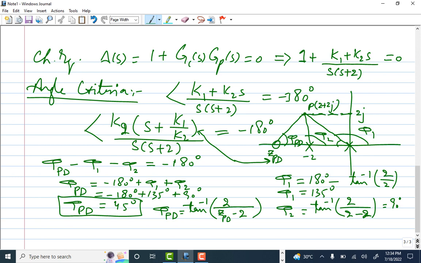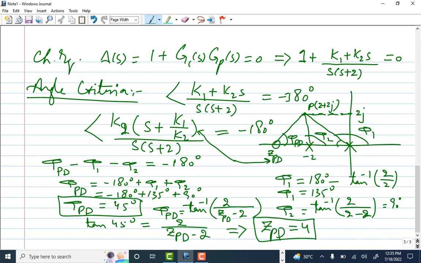Now phi PD is 45, so if we plug in the values, tan of 45 is equal to 2 divided by ZPD minus 2. Solving this, what I get here is 1. Now from here ZPD is equal to 4.